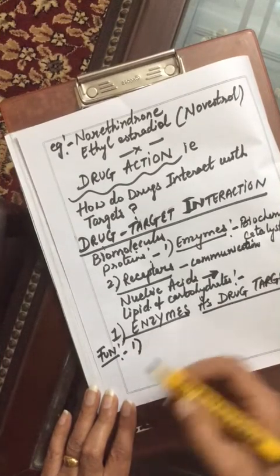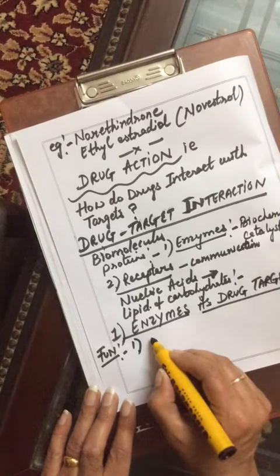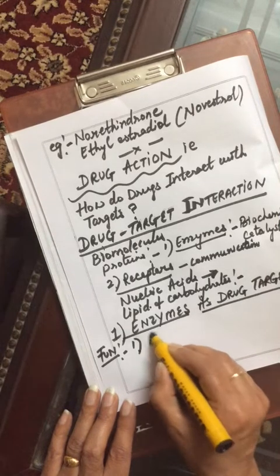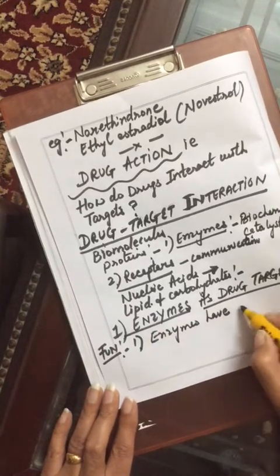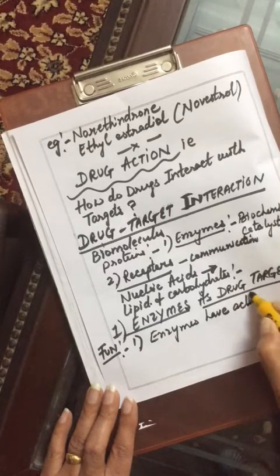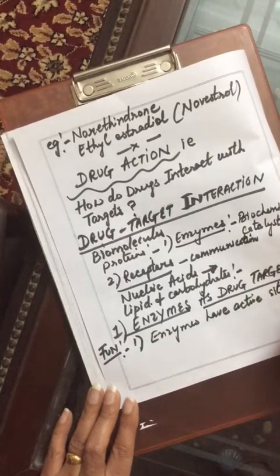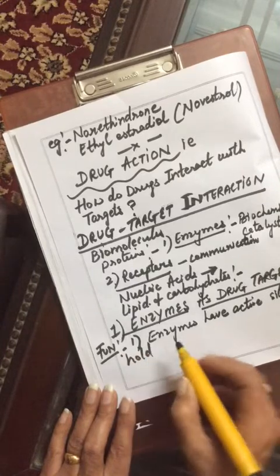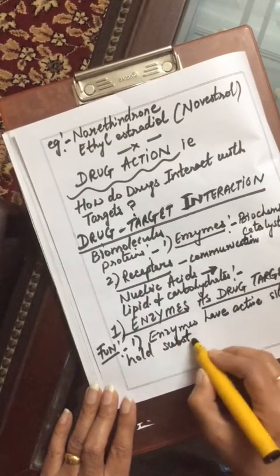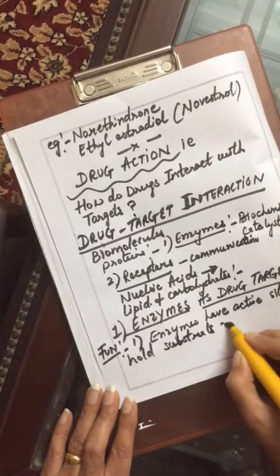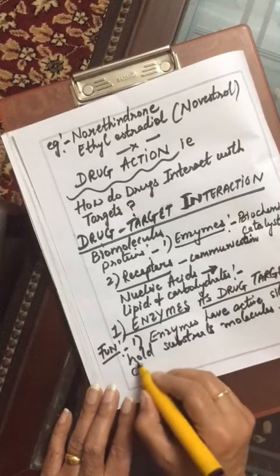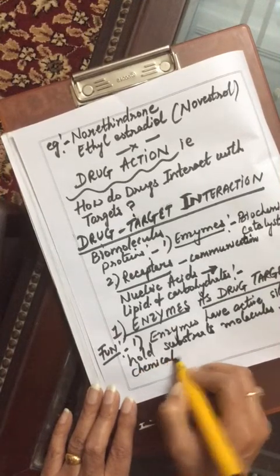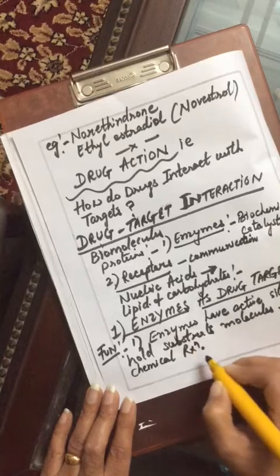Enzymes have active sites on their surface to hold the substrate molecules for chemical reaction. Now to understand this, I am drawing a diagram. Just see.